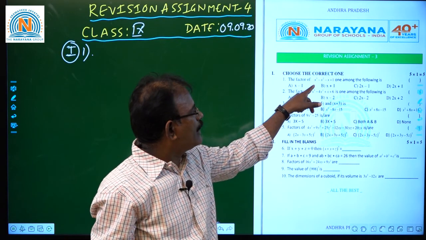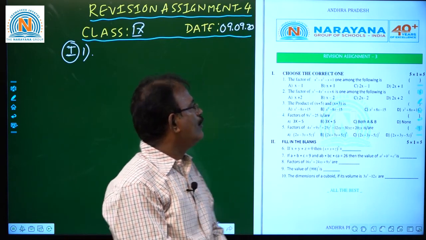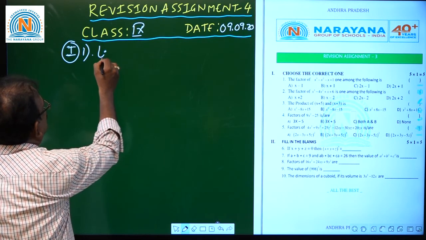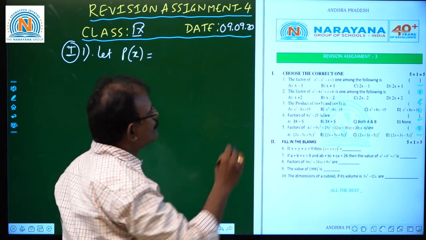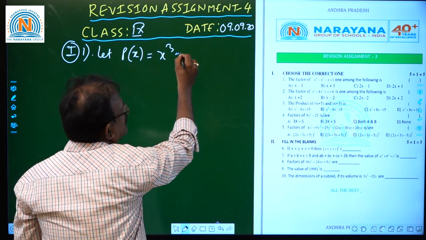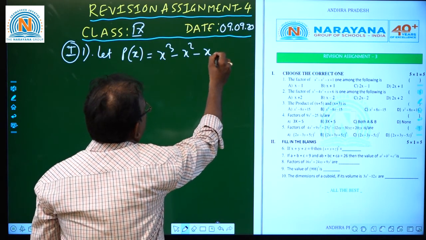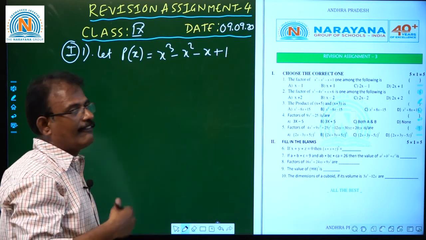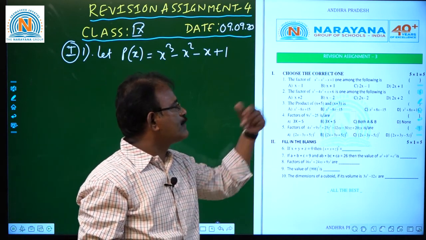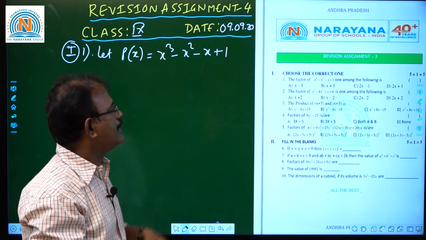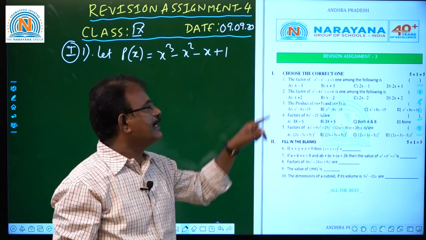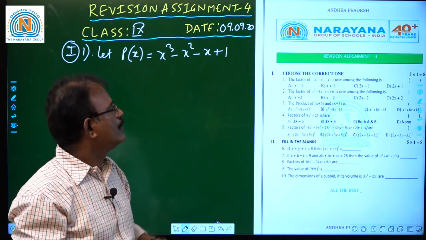The factor of a polynomial, one among the following. For example, let the given polynomial p of x be x cube minus x square minus x plus 1. By the factor theorem, if x minus 1 is a factor of this polynomial, then the value at the zero of the divisor is taken as the remainder.